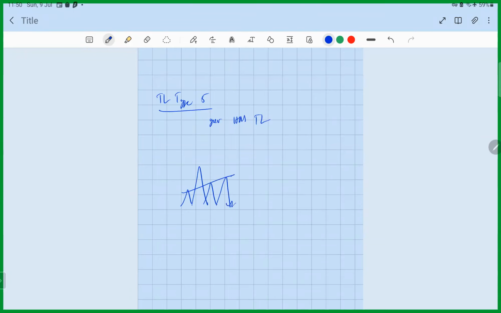Okay. Basically, it's 1, 2, E. Or it could look like 1, 2, E. Okay. So, could be the first shoulder.